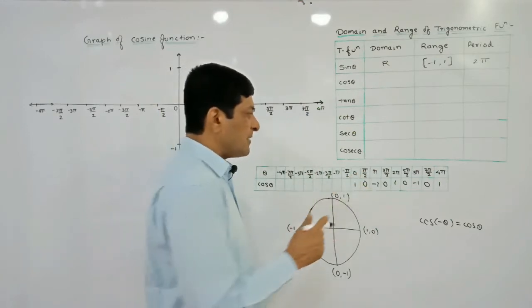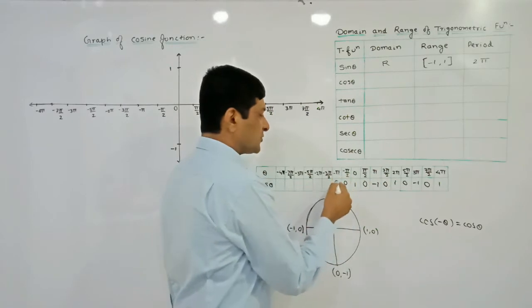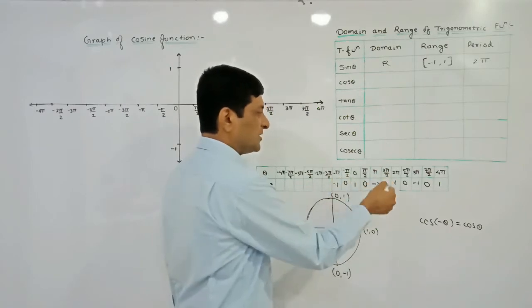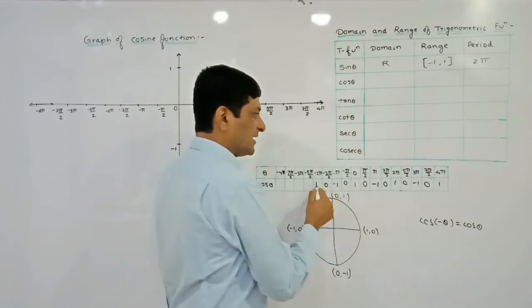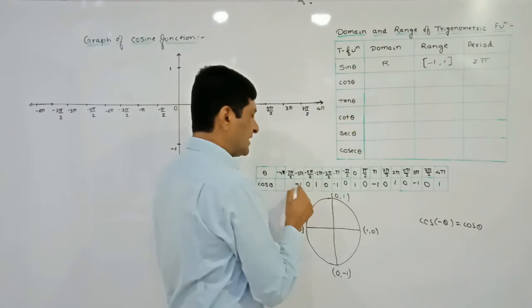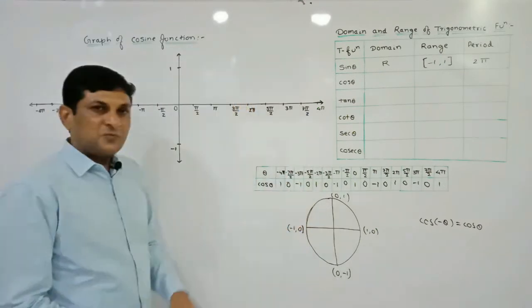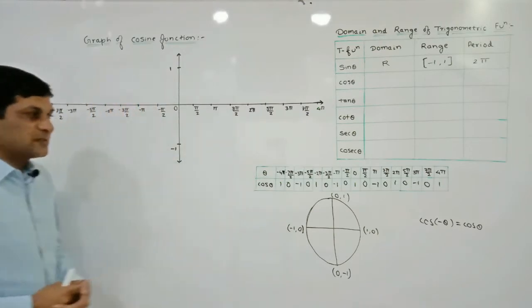The value of cos pi by 2 is 0, so cos minus pi by 2 is also 0. Cos pi is -1, so cos minus pi is also -1. In the same way here we will get 0, then 1, then 0, then -1, then 0 and 1.